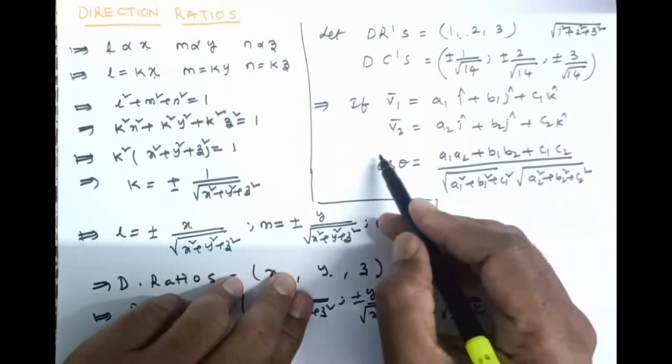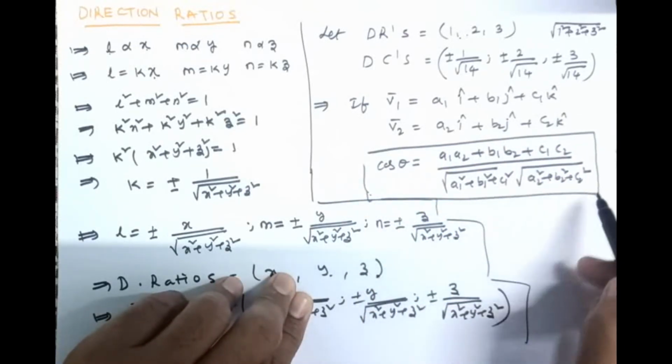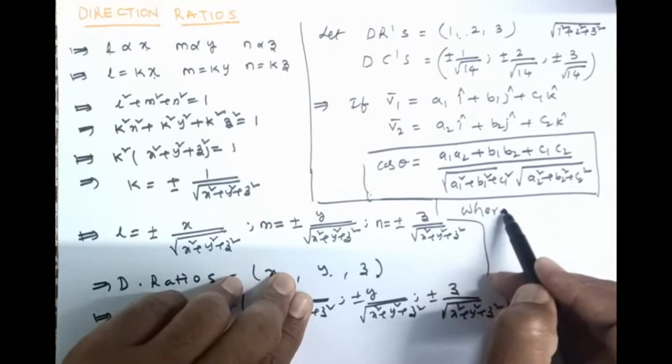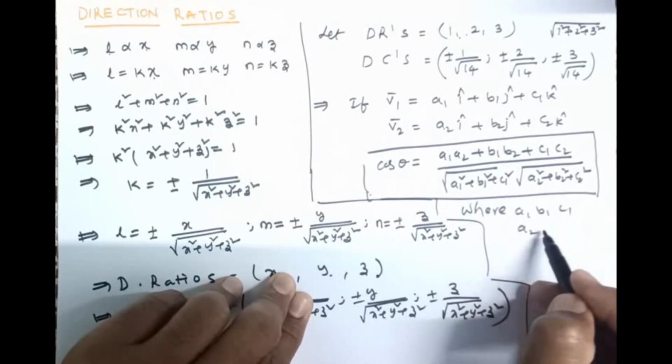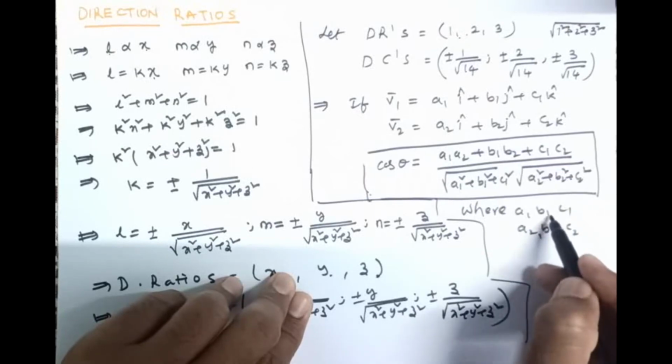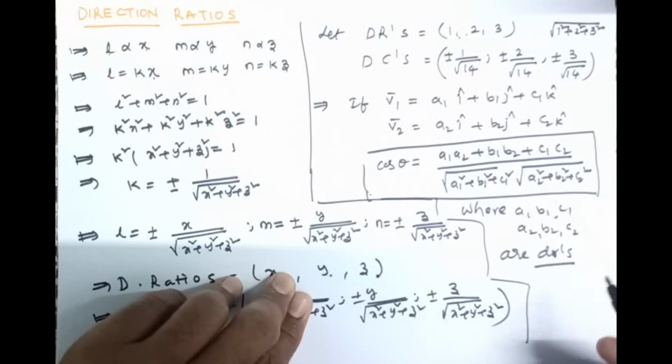This is the angle between two vectors, where a1, b1, c1, a2, b2, c2 are direction ratios, DRs.